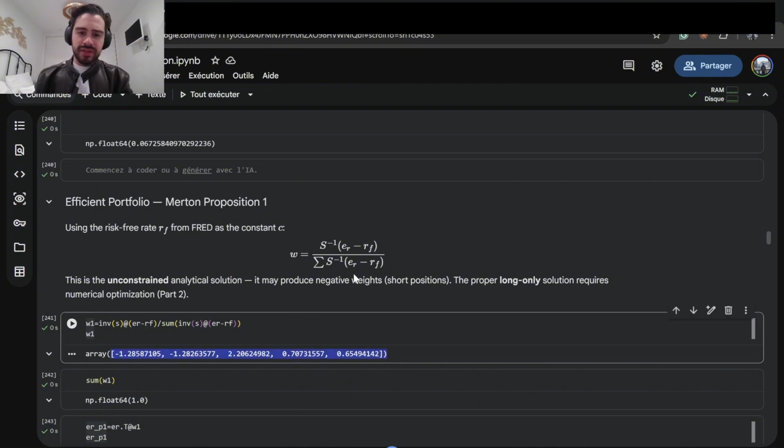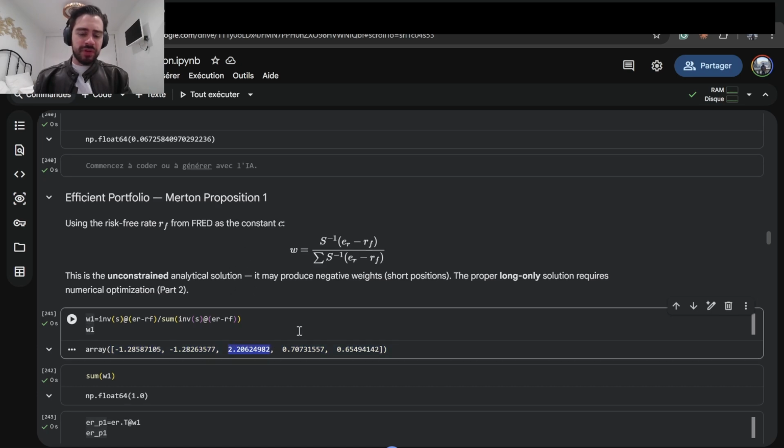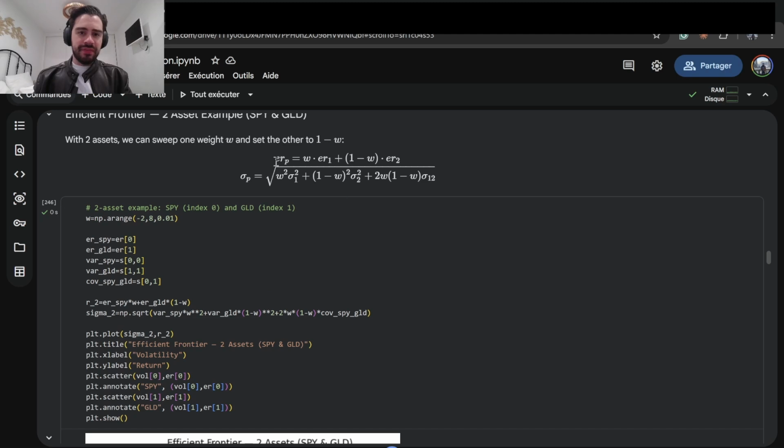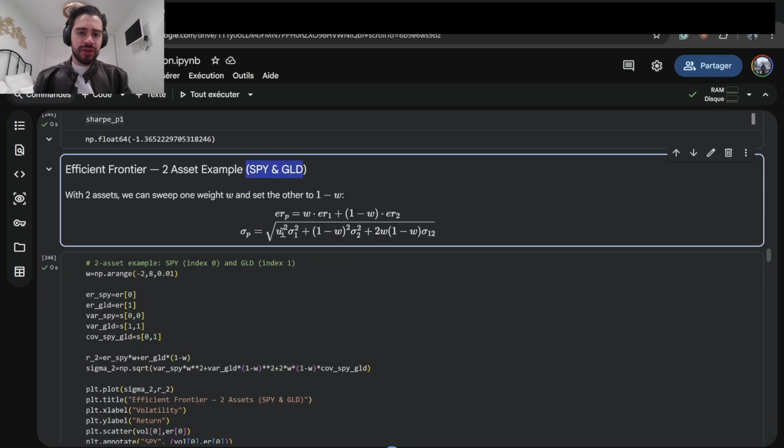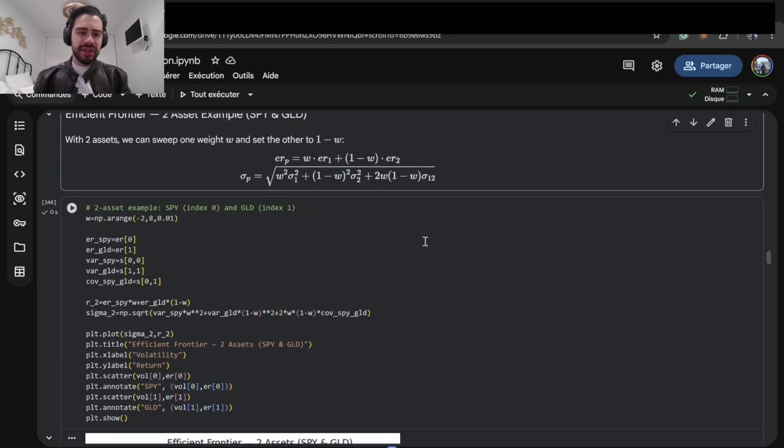When you have negative weights, that was considered the optimal allocation. Having two assets like SPY and gold, for example, you can follow this classic formula for the variance.